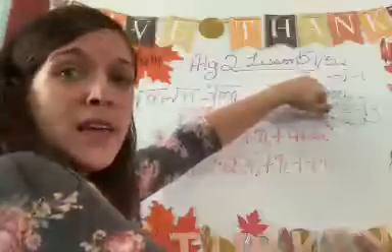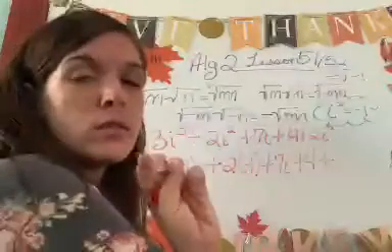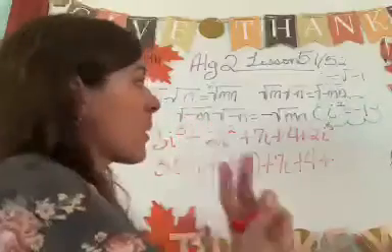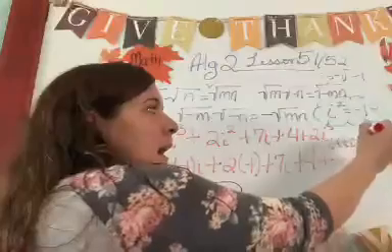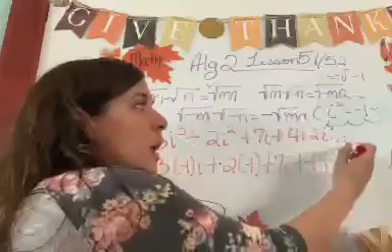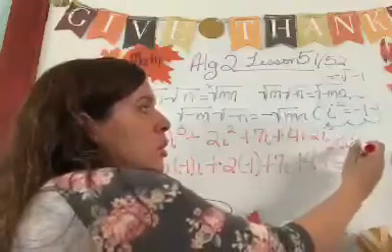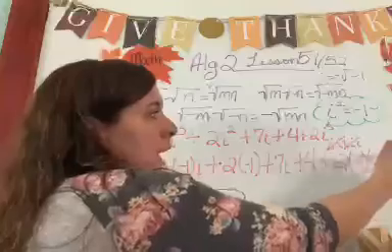In i to the 5th, you don't have one pair of i's, you have 2. Because remember, you would write that like this, i, right? So you go 2 i's equals -1, cross them out. Other 2 i's equals -1, cross it out, and then you have an i left, okay?